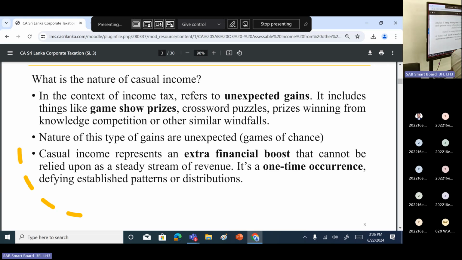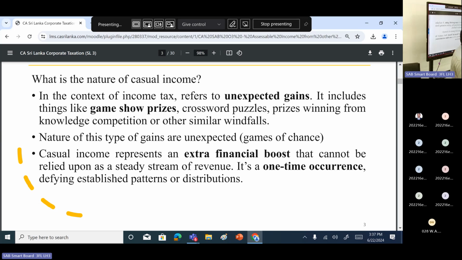The nature of this type of gains is unexpected. That is the attribute of casual nature. Casual income represents an extra financial gain that cannot be relied upon as a steady stream of revenue. It is a one-time occurrence without established patterns of distribution. As I told you, it's a very rare chance to get a receipt.